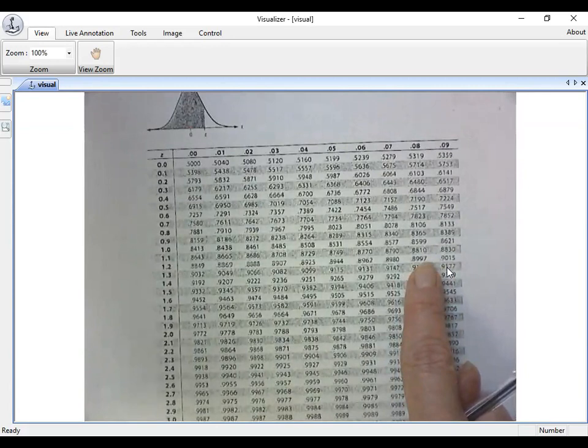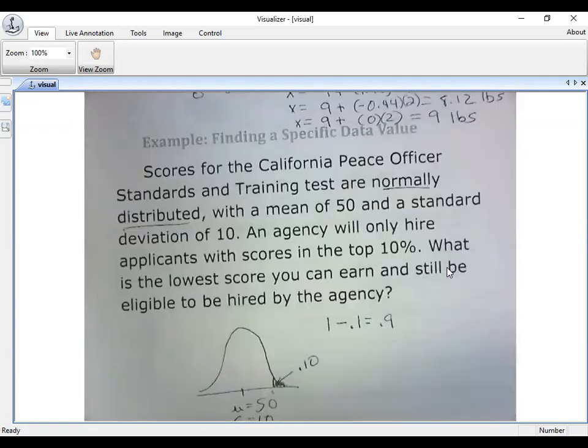Which one is closest to 0.90? 1.29, because 0.8997 is closer than 0.9015. Does that make sense? If you're using the table, that's what it's going to tell you to do, pick the one it's closest to, unless it's right in the middle. If it's right in the middle, then you can go out 3 places. Okay? So we're going to use 1.28 for a z-score.